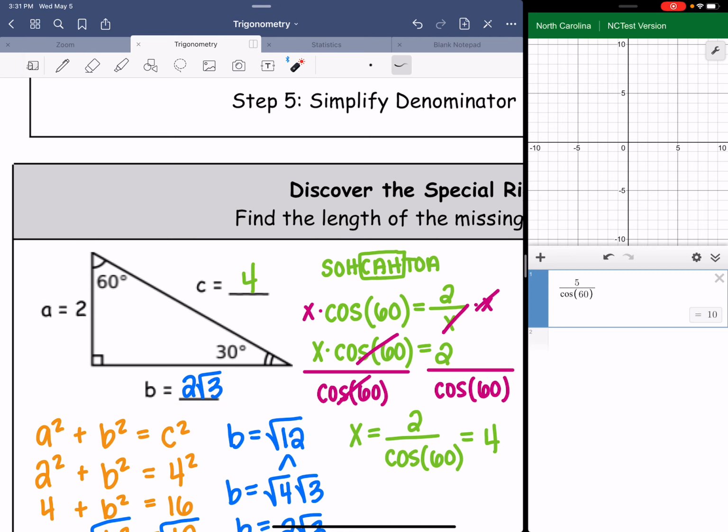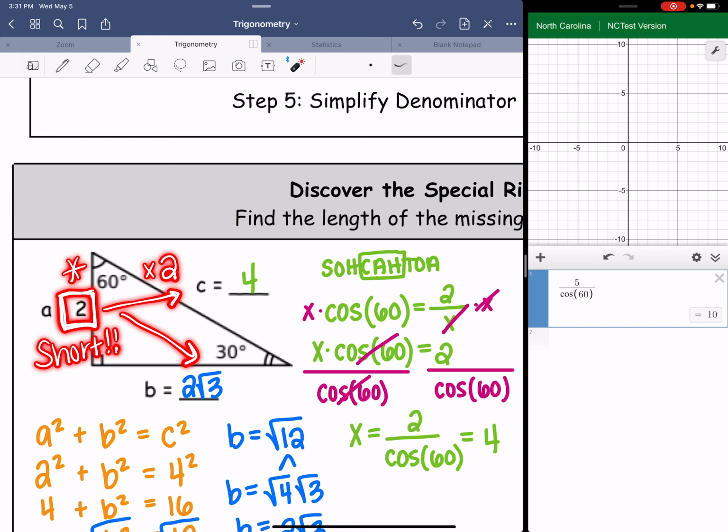We always reference the short leg when we're talking about the relationship between the legs for 30, 60, 90s. So this is your main leg that you need to know. The short leg is very important. So from the short leg to the hypotenuse, we multiplied by 2. And from the short leg to the long leg, we multiplied by the square root of 3.